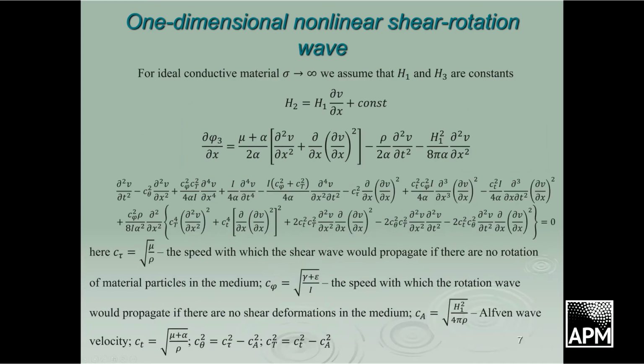Further, we will consider only ideal conductive materials. And in this case, the components H1 and H3 of the external magnetic field are constant, and the relation between the second component of the external magnetic field and the gradient of displacement will look as follows.